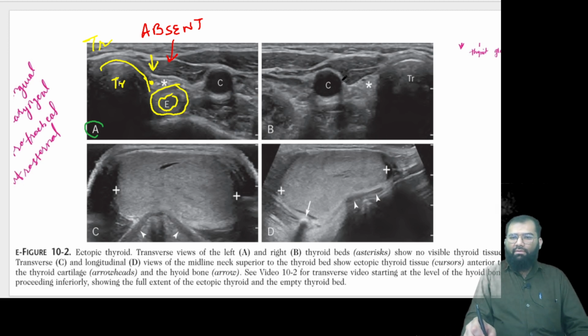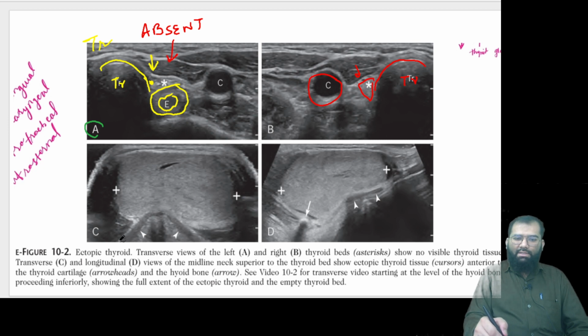Similarly, if you see the left lobe in the same patient, you are able to see that this is the trachea, and in this region there is some thyroid-like material, but not much proper visible thyroid tissue. So again, it is either hypoplastic or absent, and this is the carotid artery. In the same patient, when we look above, in the suprahyoid region, there is a midline neck swelling.